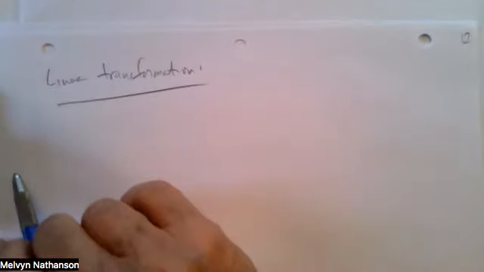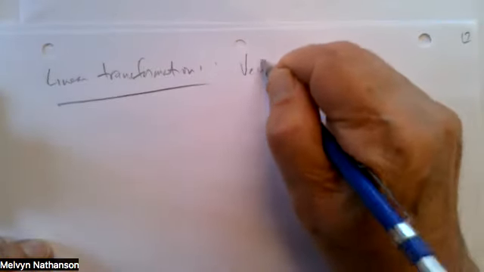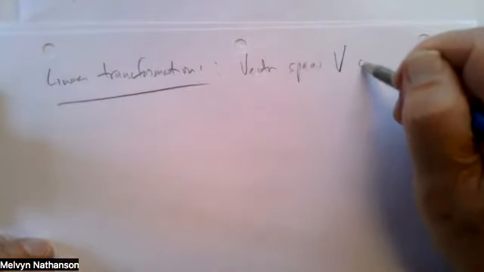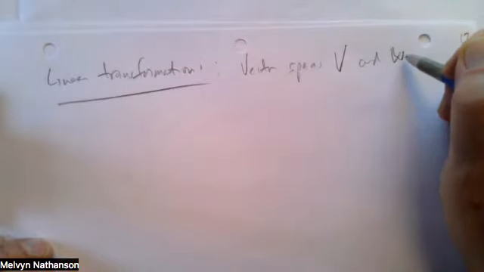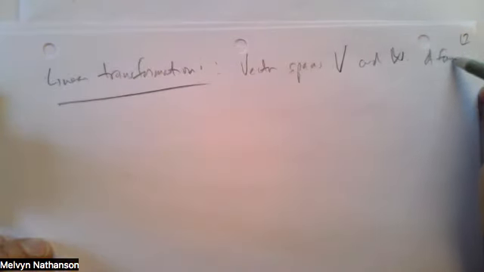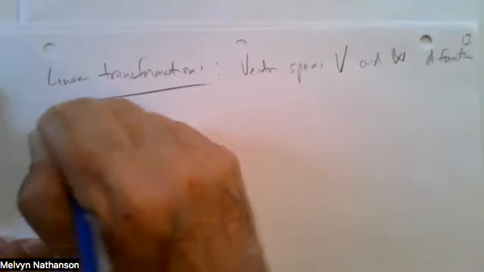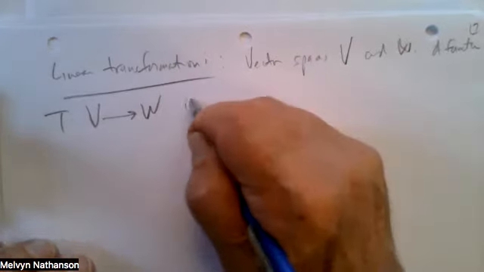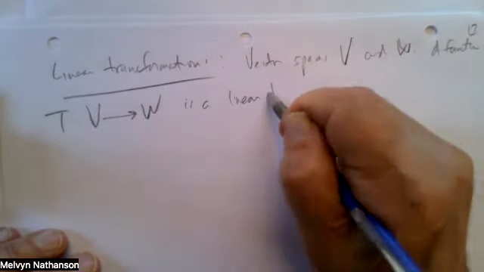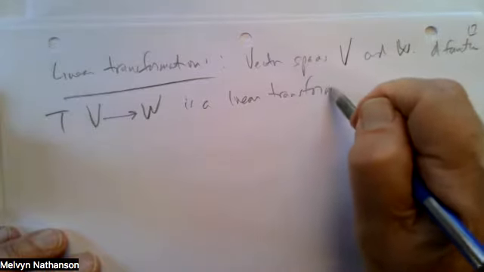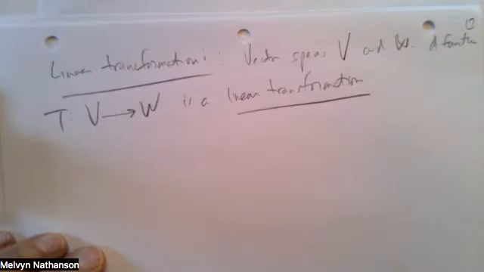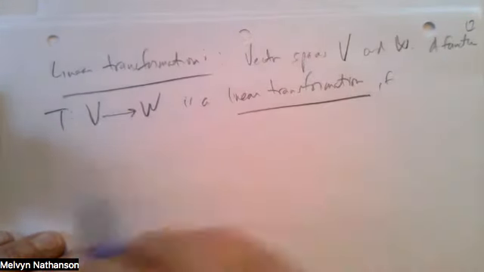So we have vector spaces over the same field, V and W. A function T from V to W is a linear transformation if it satisfies the following two properties.